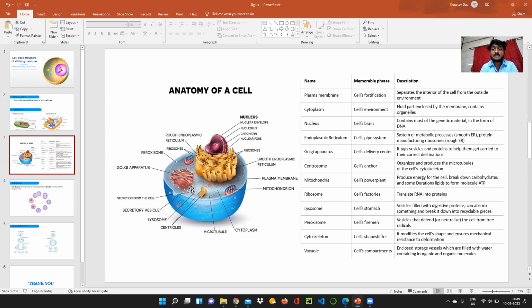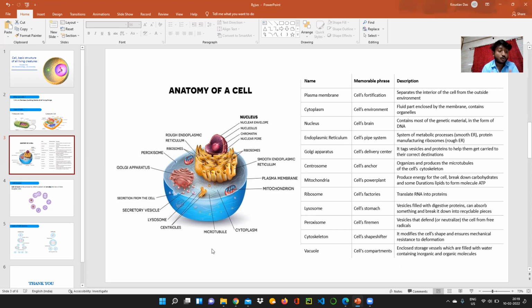The ribosome helps us to translate RNA into protein. We know protein is a very important part of our system. The lysosome is basically the stomach, which digests the proteins and other things. The peroxisome helps us to neutralize the free radicals.